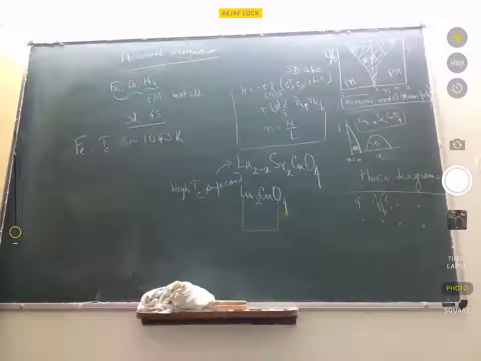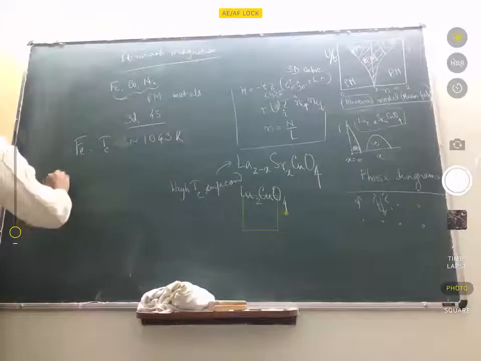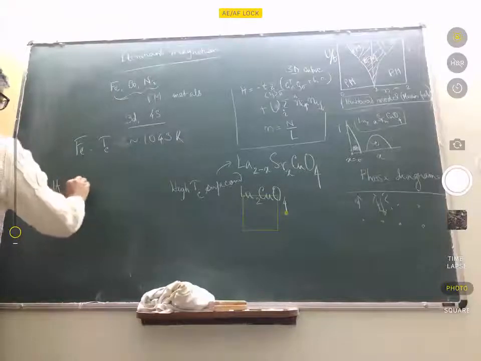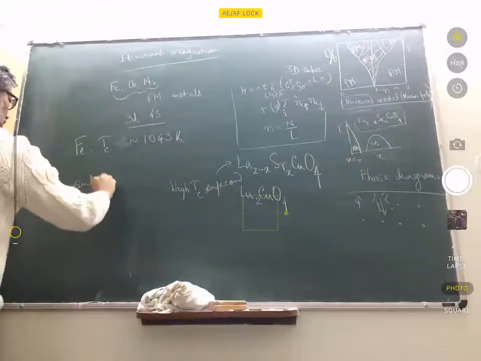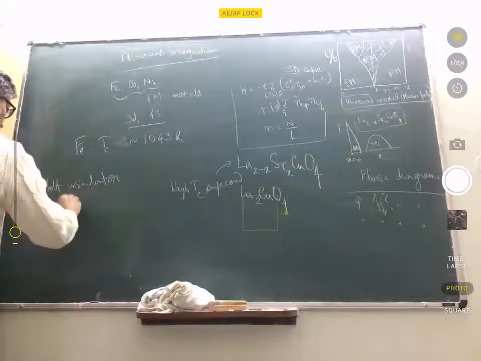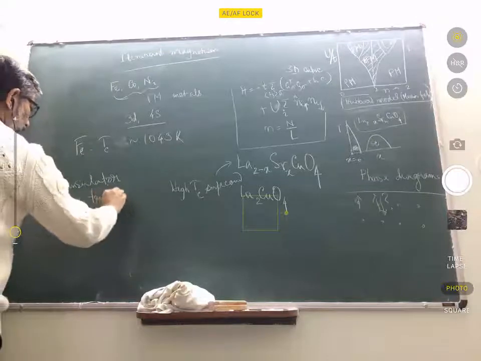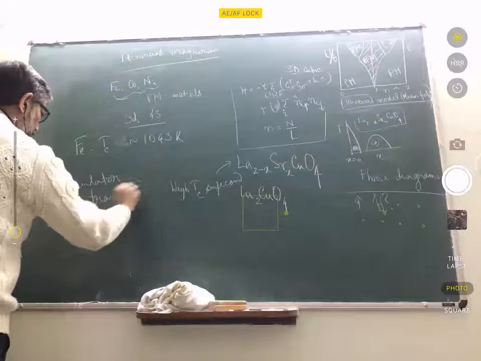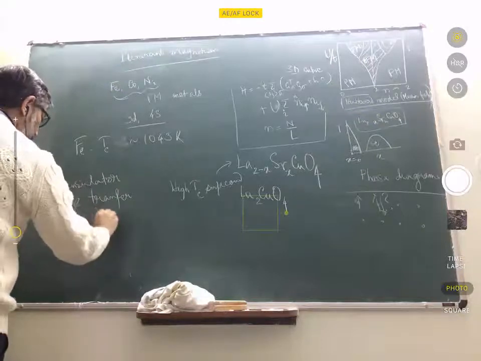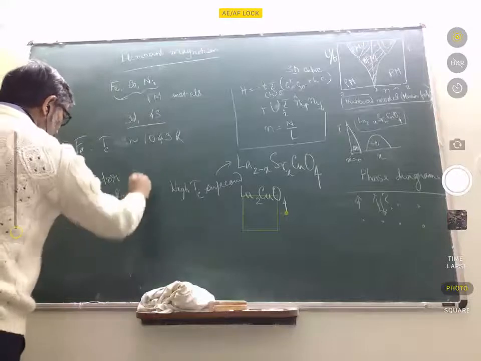So this is an example of a Mott insulator. I'm not distinguishing here between what is a Mott insulator and what is a charge transfer insulator. Let's not, but if you ever come across this term, just note that there is a slight difference between these two.